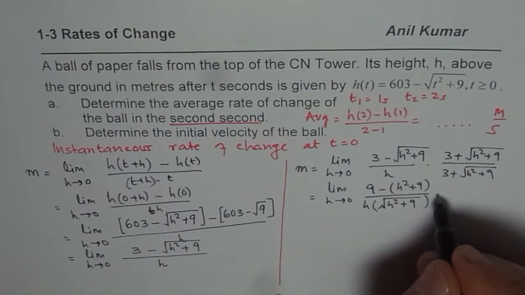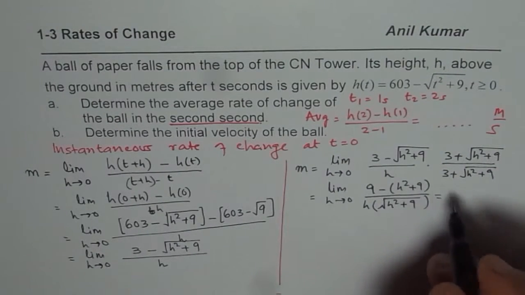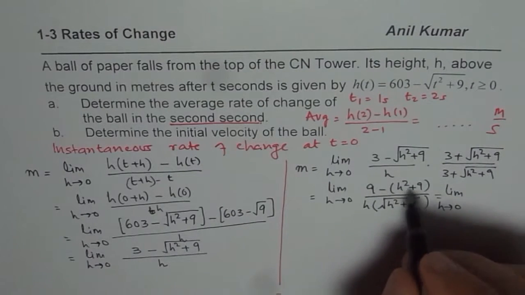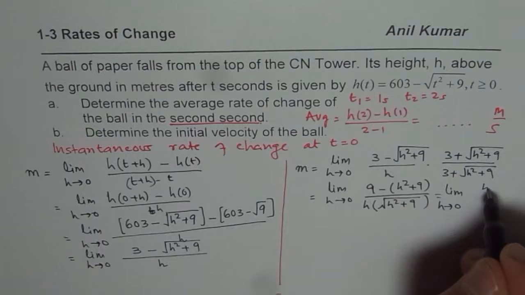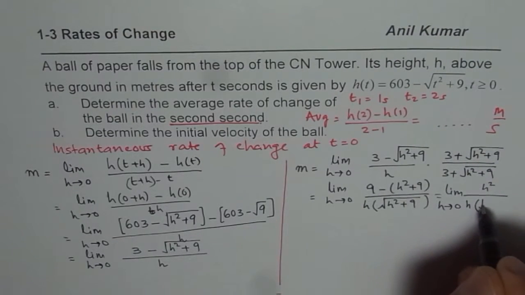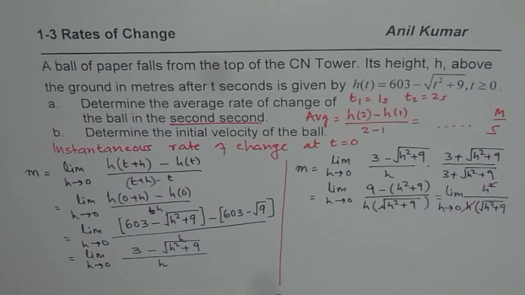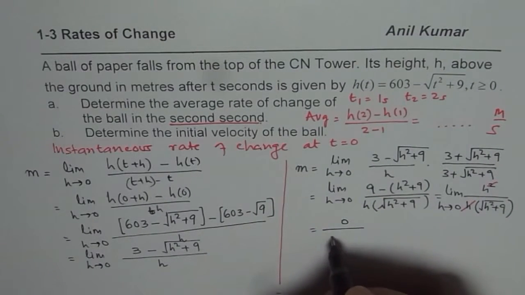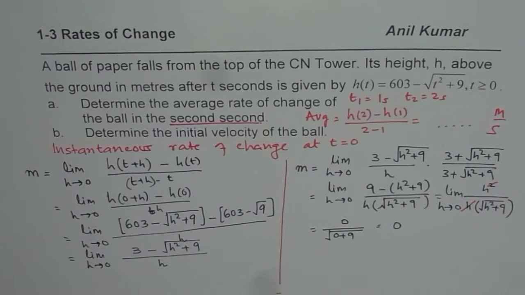Now if you open the numerator, 9 minus 9 is 0, so you are left with the limit as h approaches 0 of h² divided by h times √(h² + 9). As you can see, one h cancels out, and at this stage you can substitute h equals 0. So when you substitute 0, you get 0 over √(0 + 9), which is indeed 0.